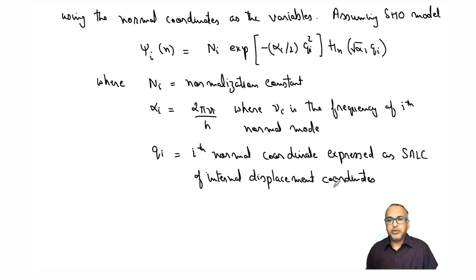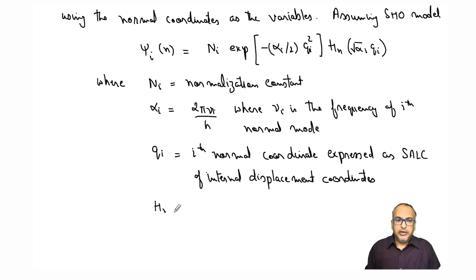Basically how the atoms are moving, so there that will be internal displacement coordinates. So a linear combination of internal displacement coordinates gives you a particular qi, which is the normal coordinate of that particular normal mode, right? We have already seen this example.